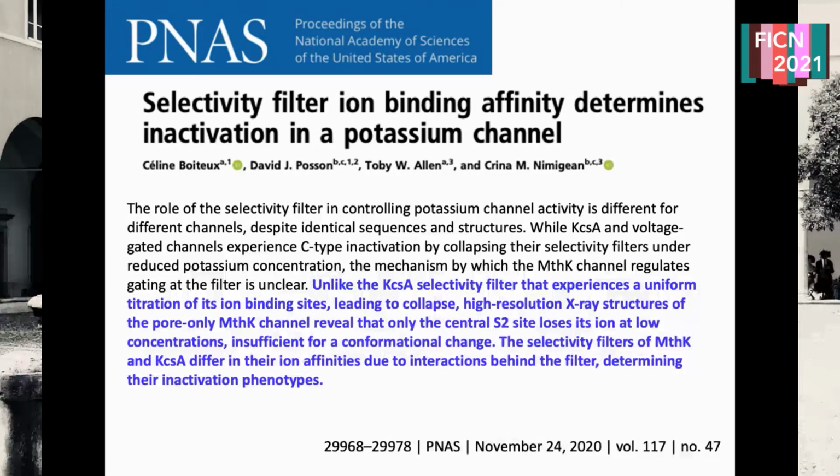It turns out that KcsA does not hold on to its ion in the filter as strongly as MthK. MthK really binds its ions more strongly. They don't leave, and if they don't leave, then it's harder to access this constricted conformation.